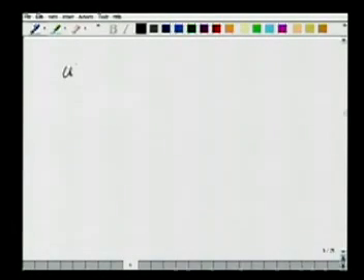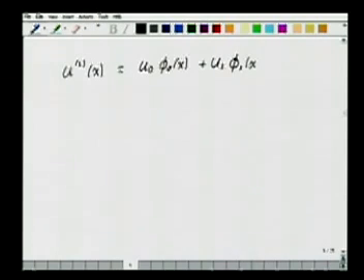So, if I now use these functions, what are these functions? If I go to the representation, I'll still call it u2 of x, you'll see the reason why. This is equal to u0 phi 0 of x plus u1 phi 1 of x plus u2 phi 2 of x.